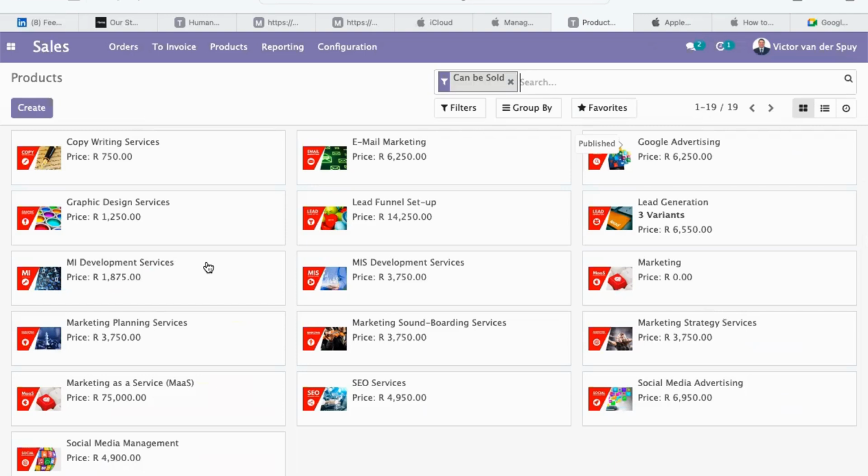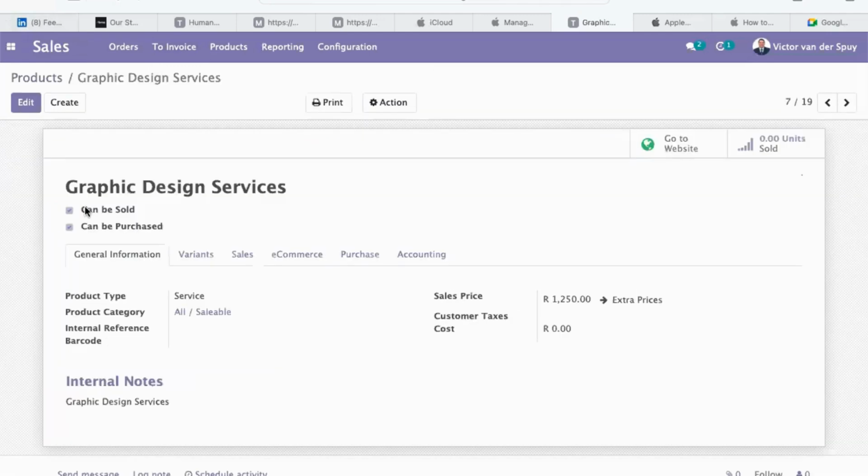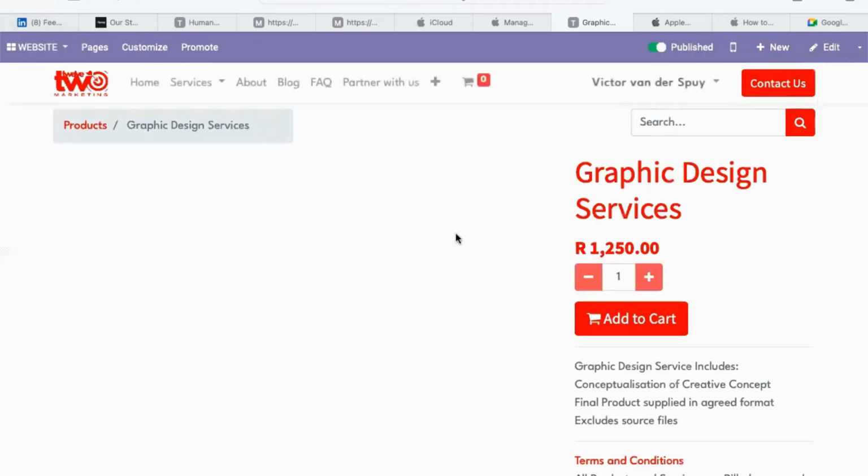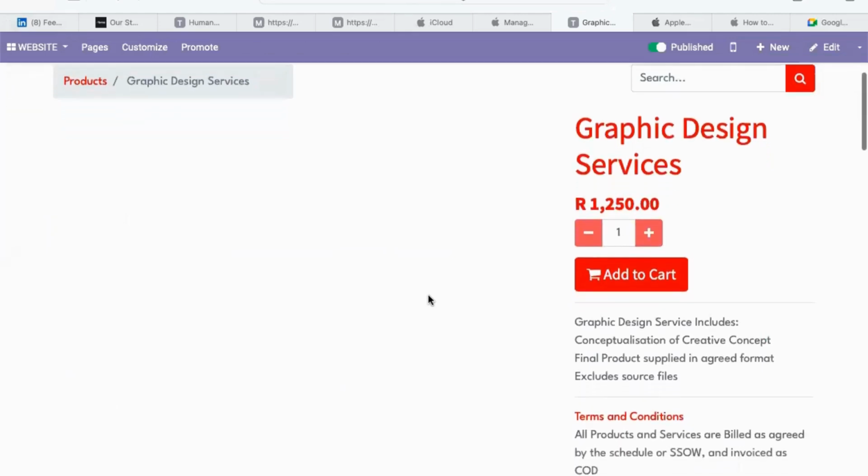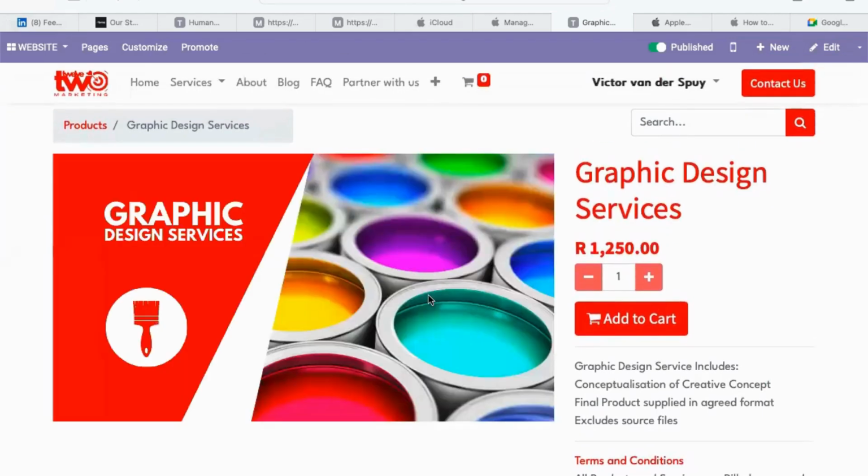Marketing, soundboarding, planning, lead generation, lead funnel, graphic design services. Some of our clients do not have in-house graphic design. We are able to add that to our bill and charge out for graphic design. This is an hourly fee, an hourly rate.